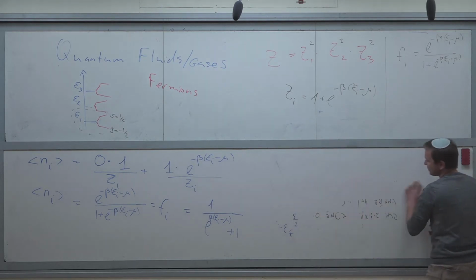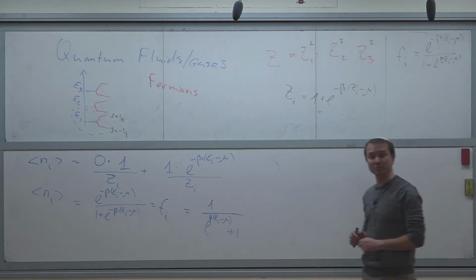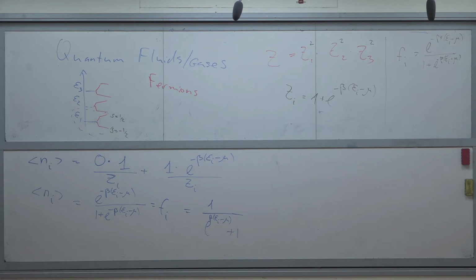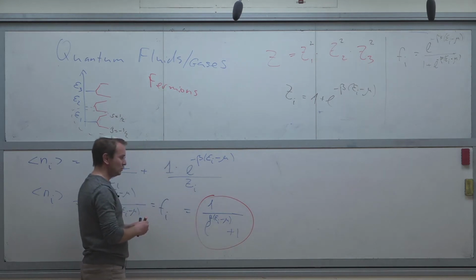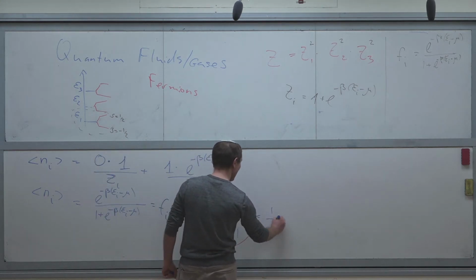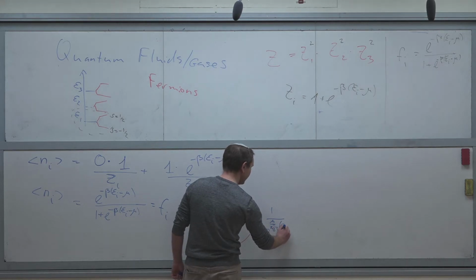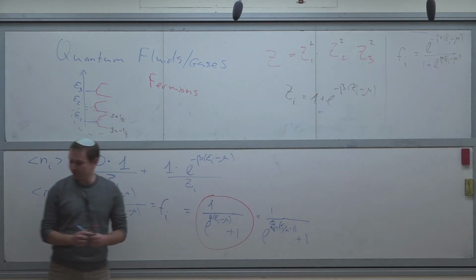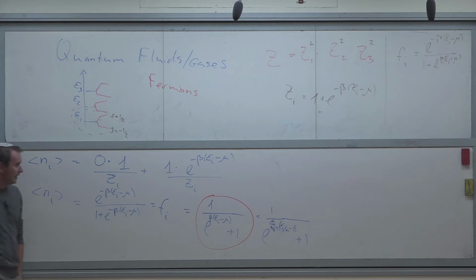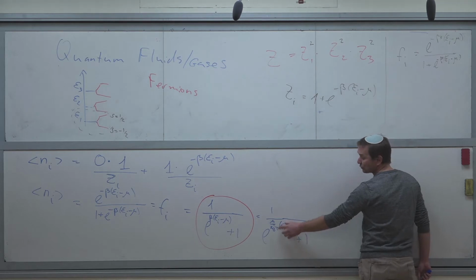If you want to study the occupation properties of a given state for our simple model, we need to study the properties of this function over here, which we can also write as 1 over e to the power of (epsilon I divided by mu minus 1) times mu divided by k Boltzmann T, plus 1. So this is the function, and let's write it down as a function of epsilon divided by mu for different mu's.